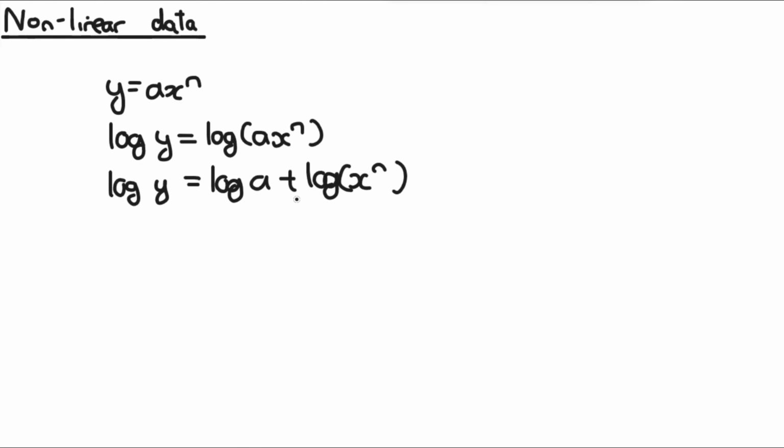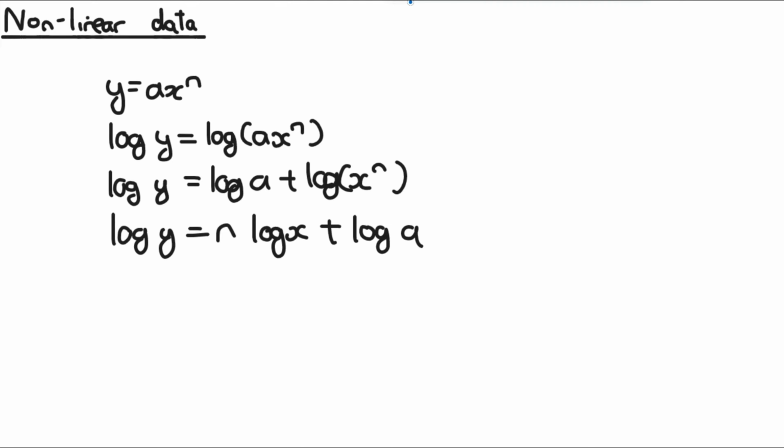We can do this, remember, about how the laws of logarithms work. If we add two logs together, they multiply together, like this. And then let's move this n down as the coefficient. So it's going to be log y is equal to, I'm going to move this to the front here, n log x plus log of a.